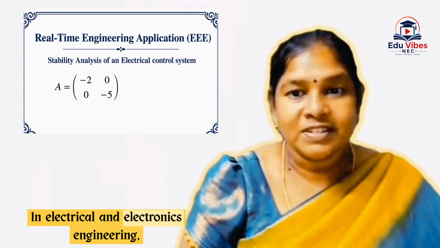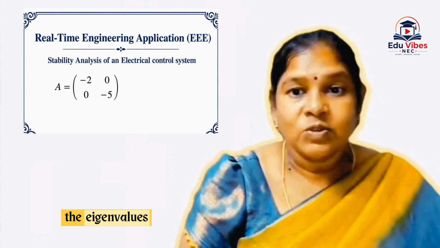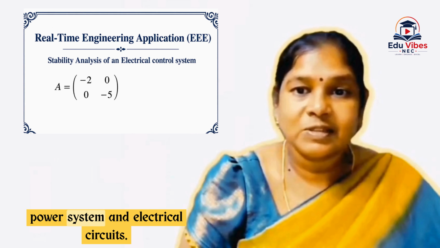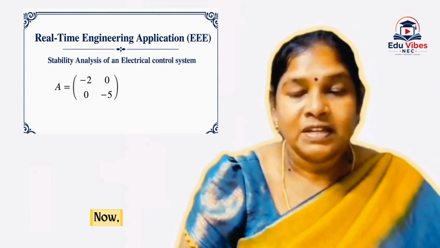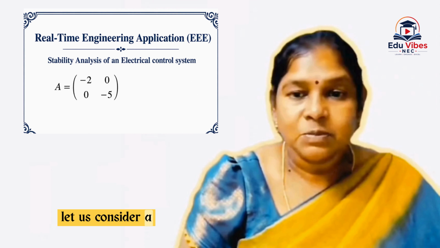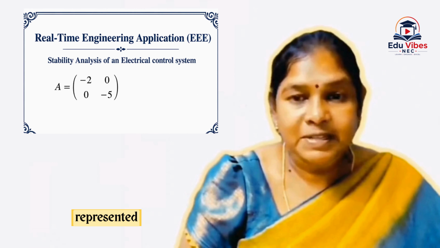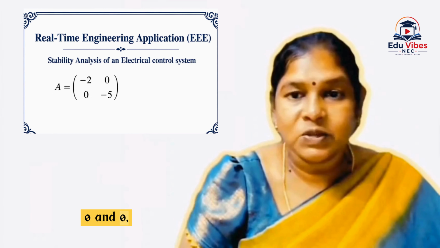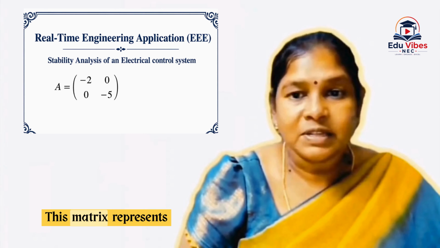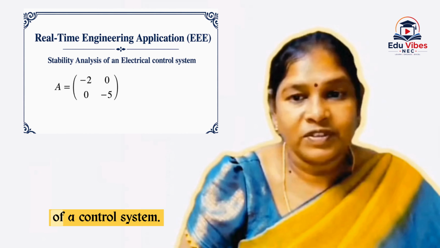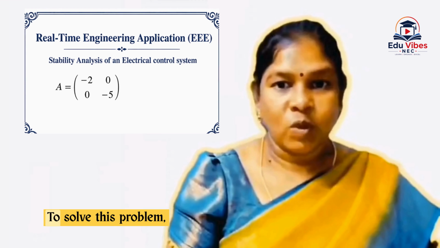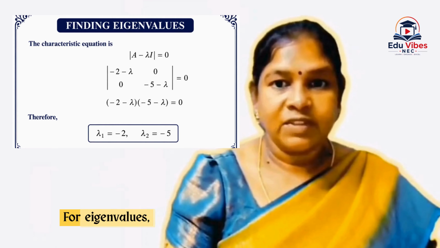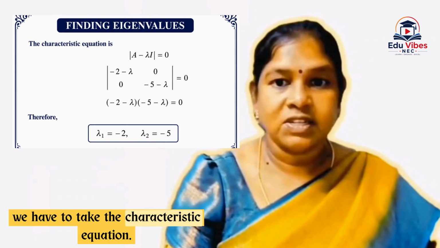In electrical and electronics engineering, eigenvalues are used to study the stability of control systems, power systems, and electrical circuits. Now let us consider a simple electrical system represented by the matrix A equals [-2, 0; 0, -5]. This matrix represents the dynamic behavior of a control system. To solve this problem, first we need to find the eigenvalues. For eigenvalues, we take the characteristic equation.